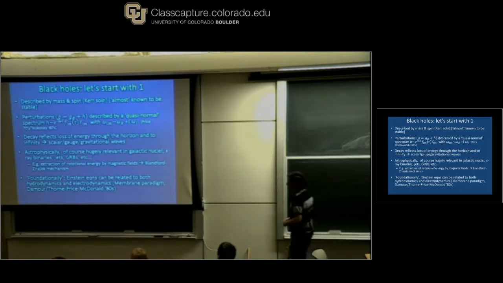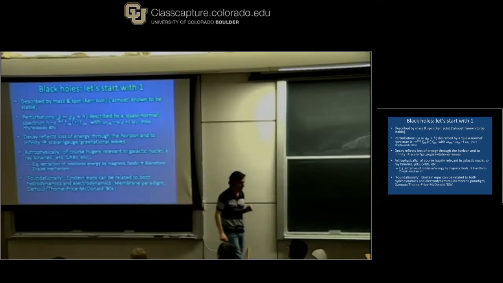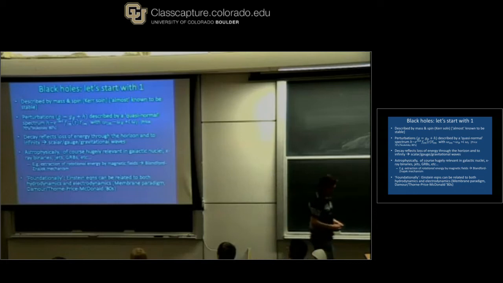Just for context, I'm going to remind you of something that was actually started in the 80s by Thibault Damour and then carried much farther by Kip Thorne, Price, and Macdonald. The equations of motion of general relativity are so complicated that we have very little intuition to grab onto to try to understand what to expect.